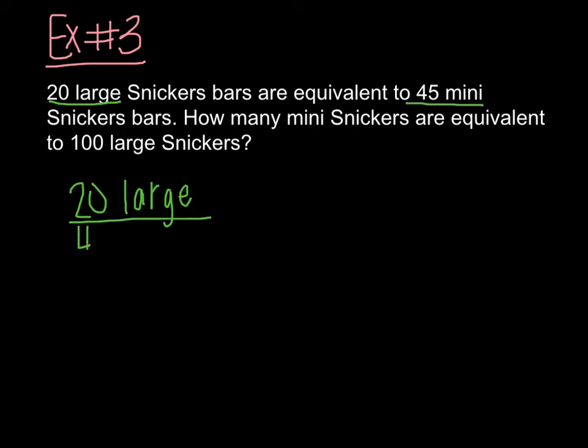And I'm just taking the numbers that I just read in the problem. How many mini Snickers bars are equivalent to 100 large? So you can see I have the large on top, so I have to put large on top again over here. And they have 100.